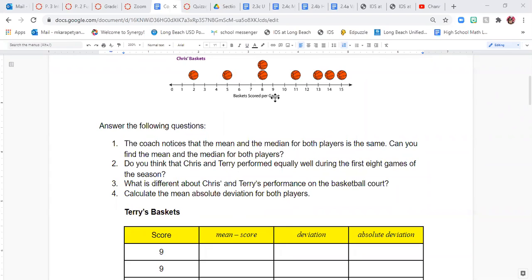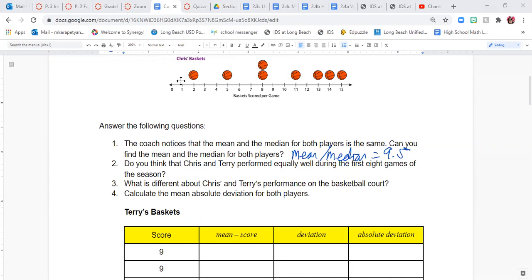No, I got 9.5 for both. So you got 9.5 as well, right on. So we got 9.5 for both players, yes? So mean and median are both 9.5 here for both players, okay?